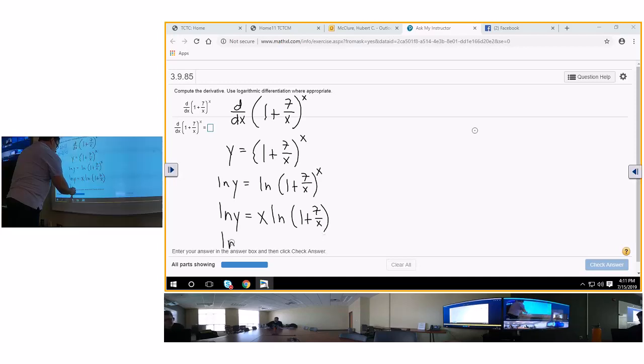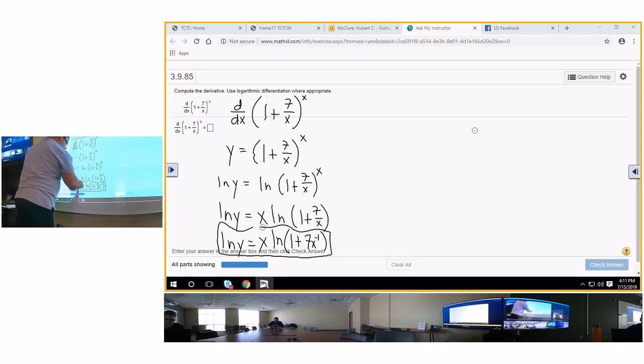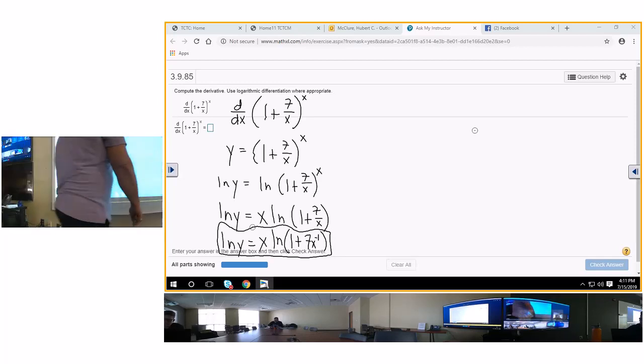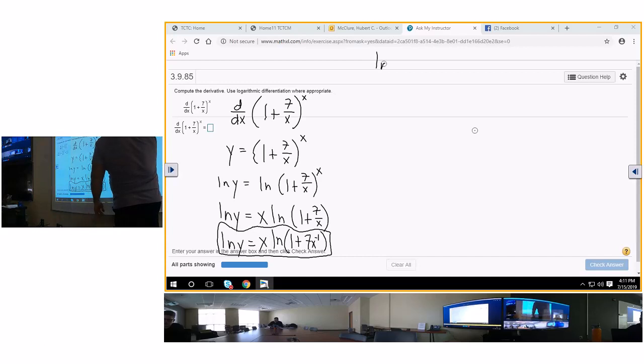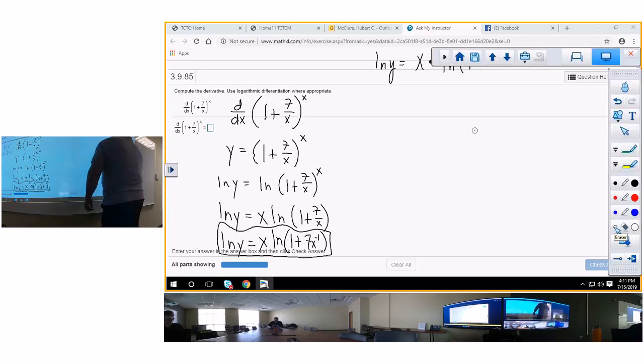Natural log of y is equal to x natural log of 1 plus 7x to the negative 1. And now you have what you want to take the derivative of.